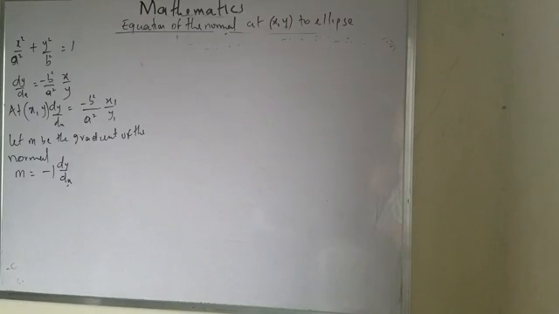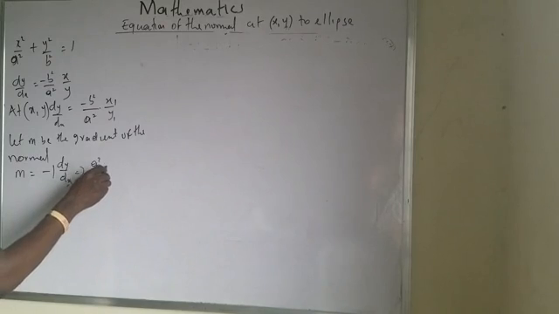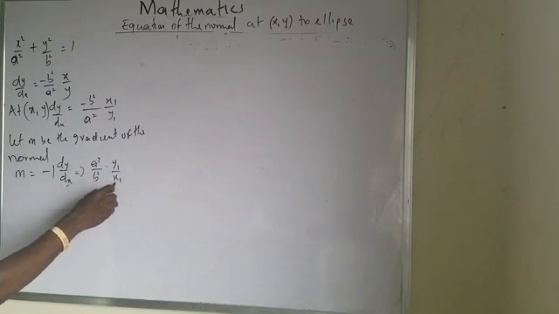Okay, I can now say that m is equals to a squared y1 all over b squared x1.